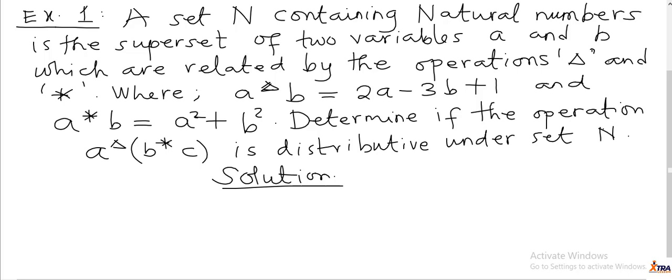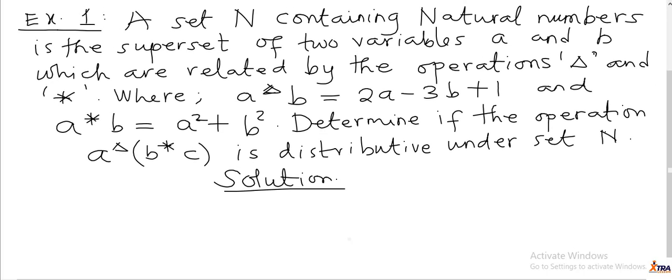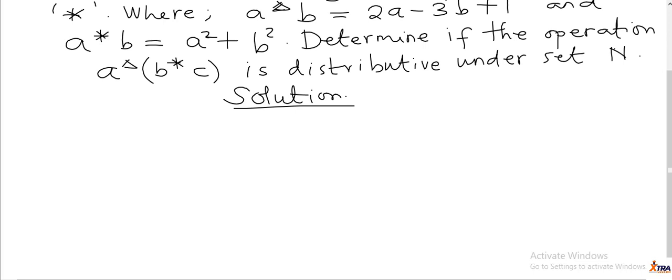Obviously, we know our set N contains our natural numbers. So if I'll be taking it from here, the very first thing I need to do is bring out the two relations that I have, which are what?